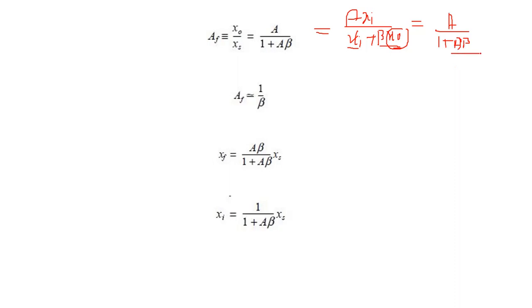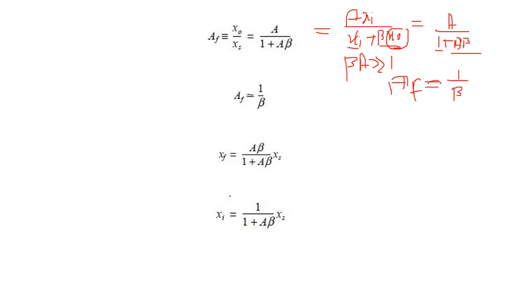A beta is the loop gain over here. So in some cases A beta is far greater than 1. If A beta is far greater than 1, then the gain of the amplifier AF will be equal to, so this 1 can be neglected, A divided by A beta, which will be equal to, A gets cancelled off, 1 by beta.